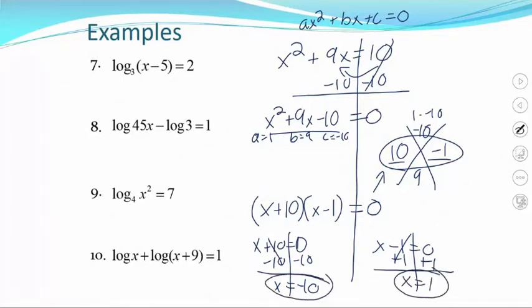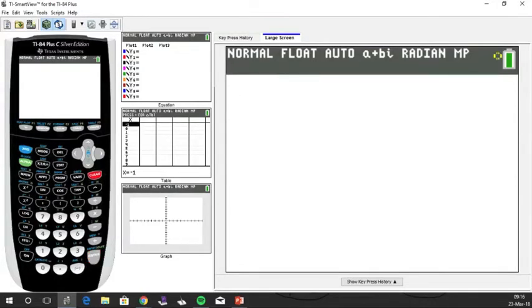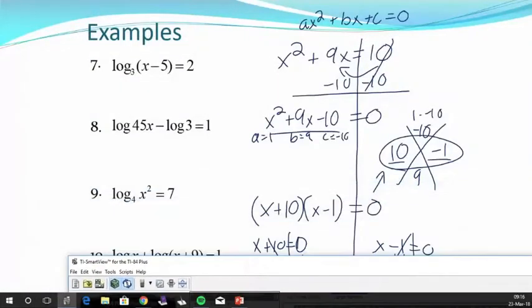All right, so we have two solutions again. It definitely took a while to get there, but we have two solutions, and we want to check to make sure they both work. So let's use the calculator again. Let's plug in the negative 10. Let's plug in 1 and see if they both work. So we had, where is it?